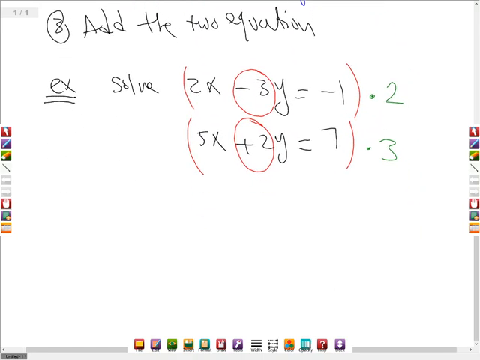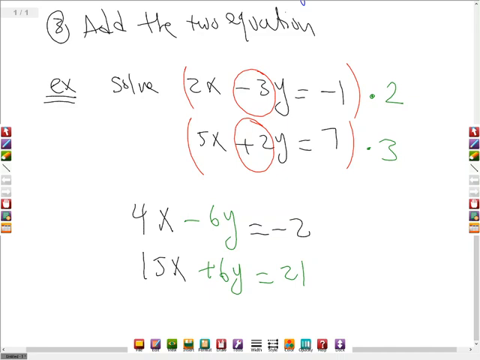Okay, let us do it quickly. The top becomes 4x minus 6y equals -2. The bottom becomes 15x, 3 times 5, plus 6y equals 21.